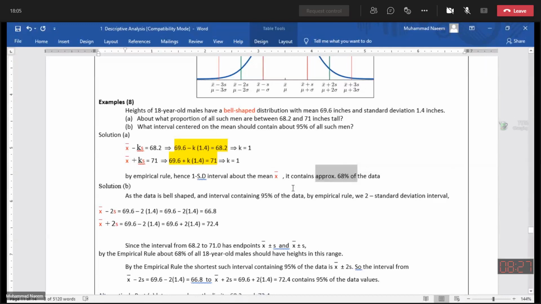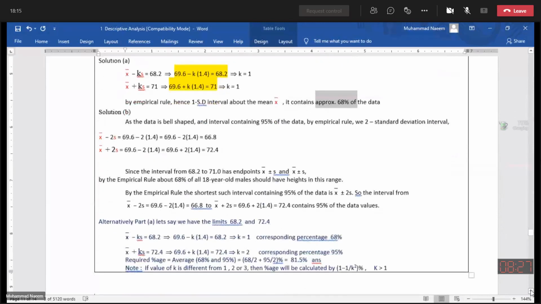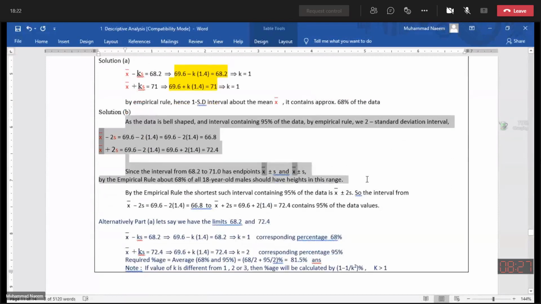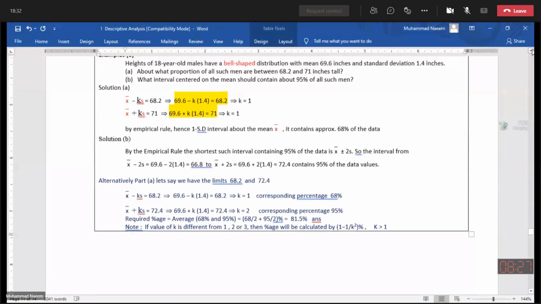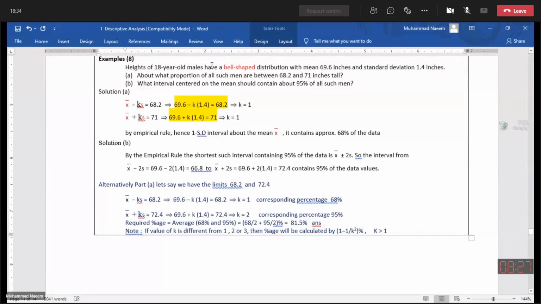In part B, as the distribution is bell-shaped, we can apply the empirical rule.